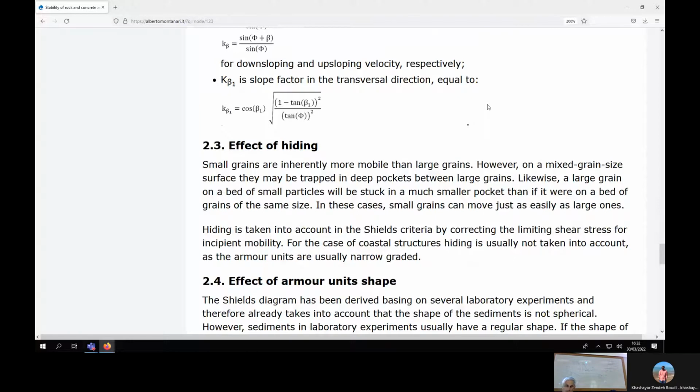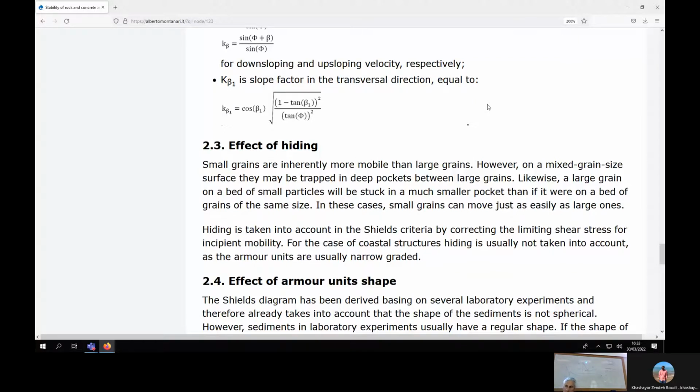There are correction factors for this, which depend on the diversity of the grain diameter. I'm just mentioning this effect, no empirical formula, okay?